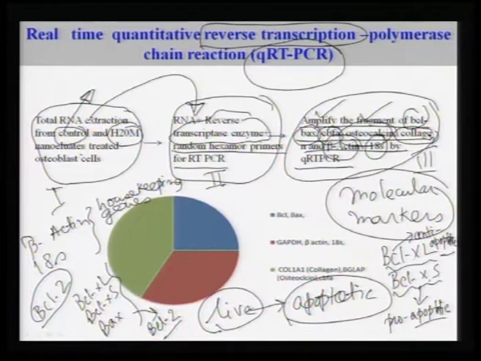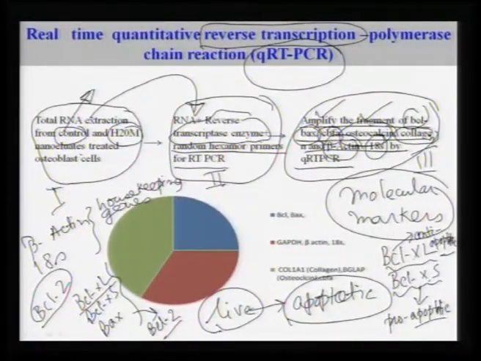This BCL2 family of genes is important for the apoptotic process. However, in this family, the first gene is anti-apoptotic. The two other genes are pro-apoptotic. Pro-apoptotic means if these genes are expressed more, cells will definitely undergo the apoptosis process. If the first gene is expressed more, then cells will be more live cells.